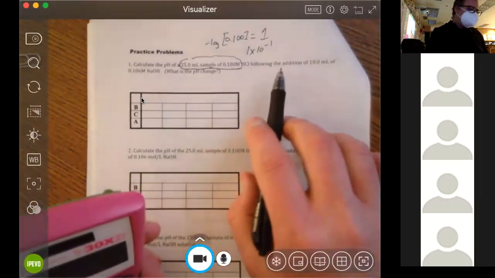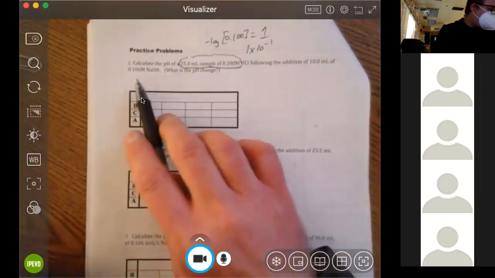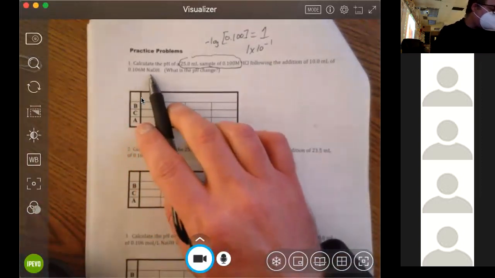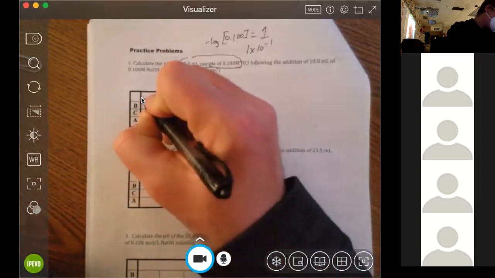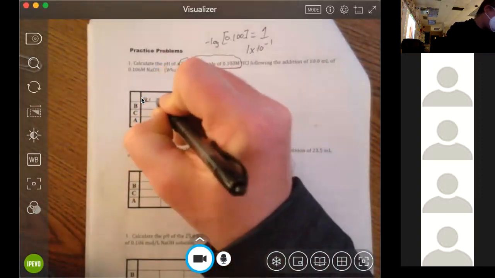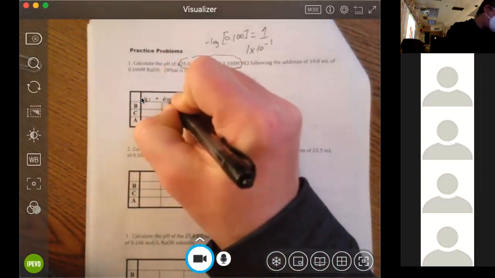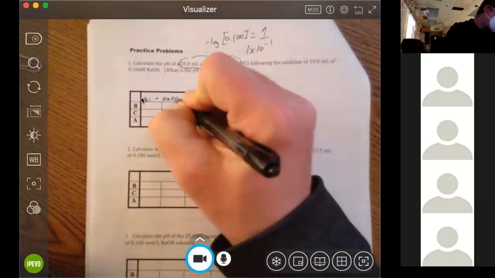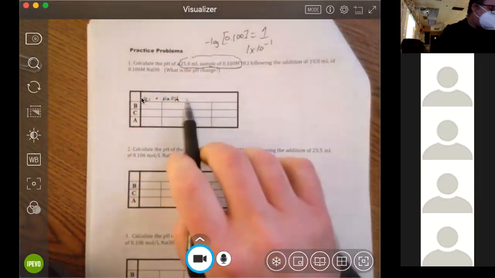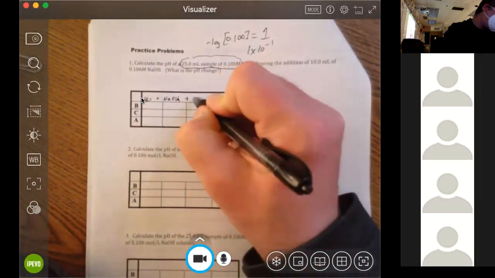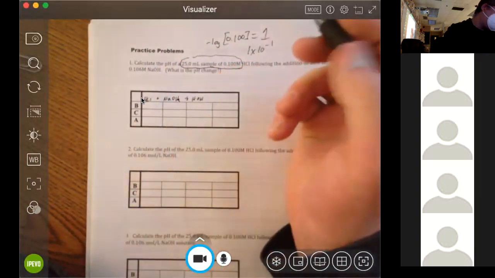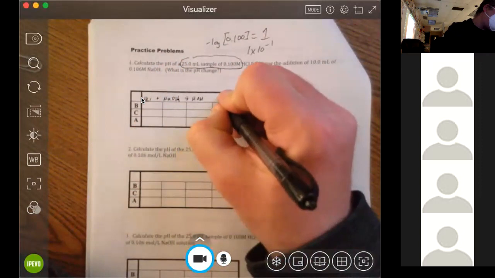So it then says we have the addition of 10 milliliters of 0.106 molar sodium hydroxide. So if we take HCl and we add to it NaOH, that's going to yield HOH, which is H2O, and NaCl.